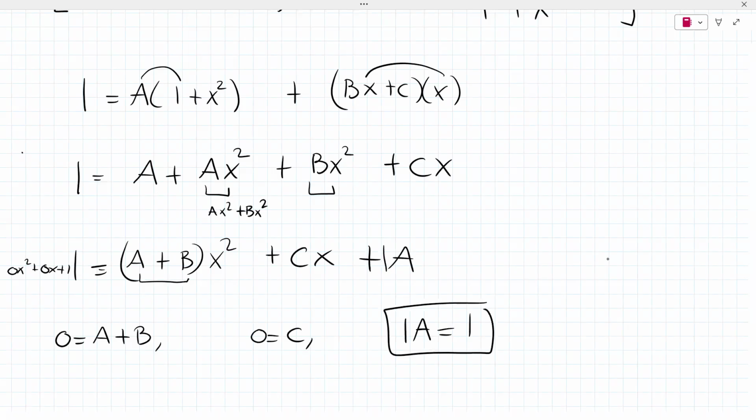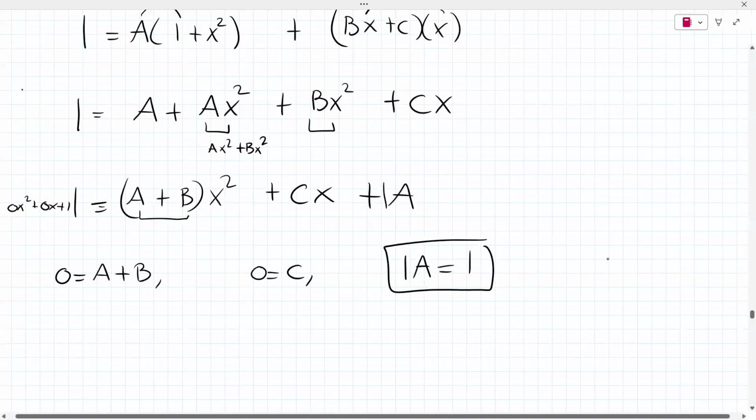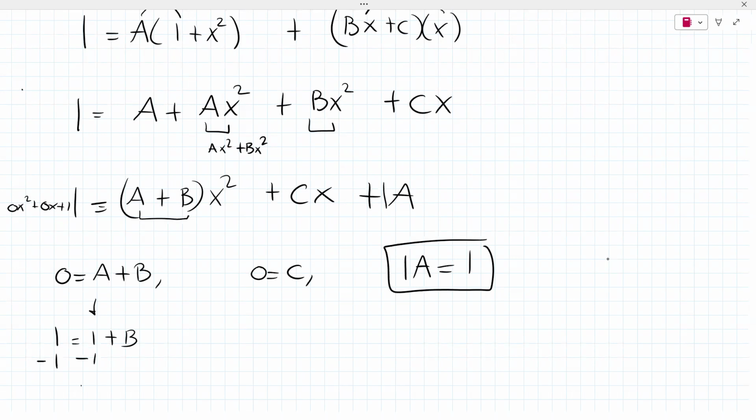If I plug in 1 for A and subtract 1, I get B equals 0.